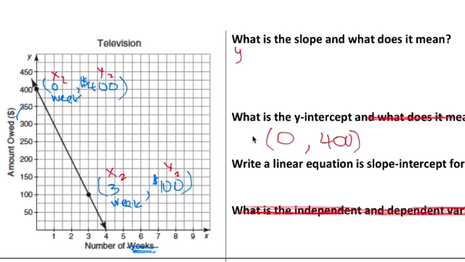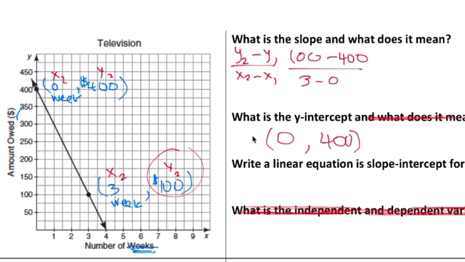So your slope formula is y sub 2 minus y sub 1 over x sub 2 minus x sub 1. Sub 2 is 100 minus the 400 over 3 minus 0. These are sub 1, so sorry. This is sub 2, the other one is sub 1.